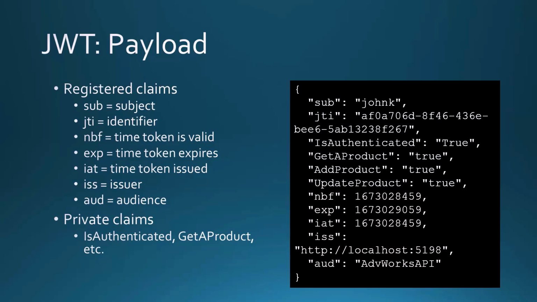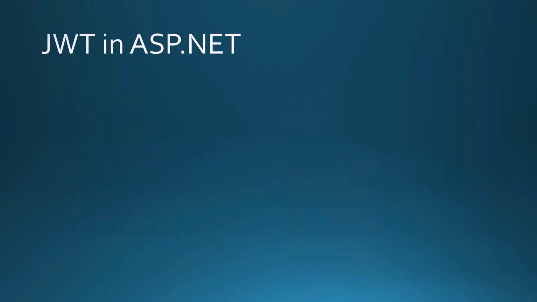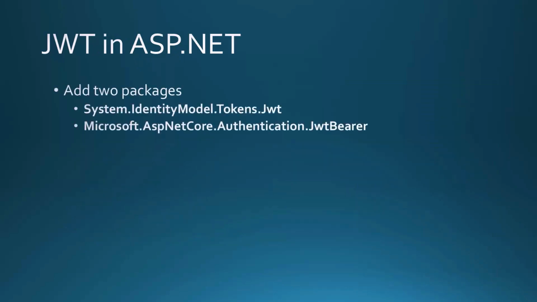So there's the subject, there's the identifier, there's a not-before time the token is valid, the expiration time, there's all sorts of these different things. Then you add in your own, which are the private claims, like is authenticated, get a product, update product. And you can have as many as you want in here. To use JWT in ASP.NET, you're going to add two packages.